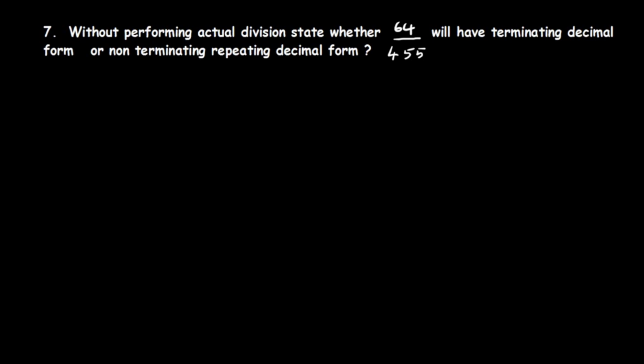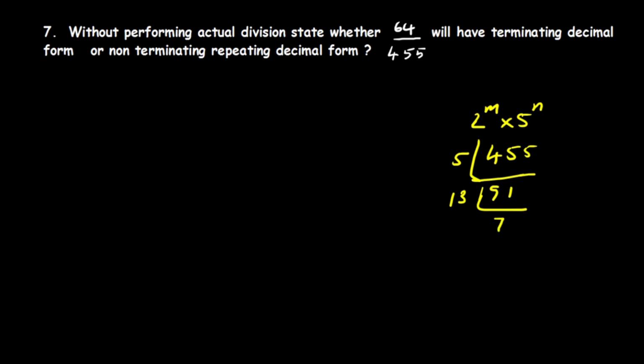If the denominator is of the form 2 power m into 5 power n, the number has a terminating decimal; otherwise it has a non-terminating repeating decimal. The denominator is 455. We divide this 455 into prime factors. 5 9s are 45, 5 1s are 5, and 91 is divisible by 13 because 13 7s are 91. So the prime factorization is 5 into 7 into 13.